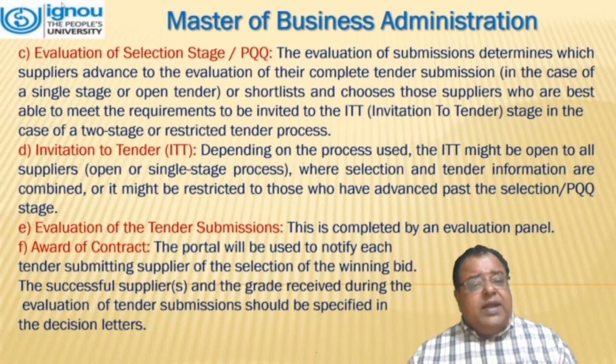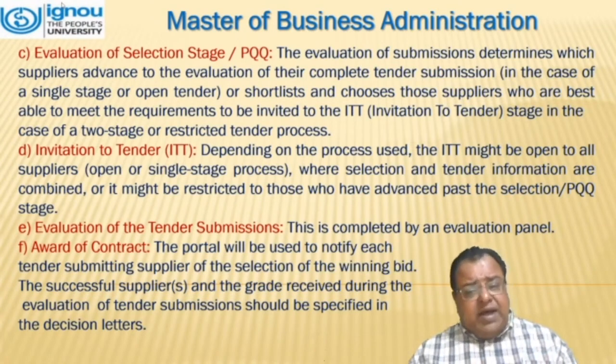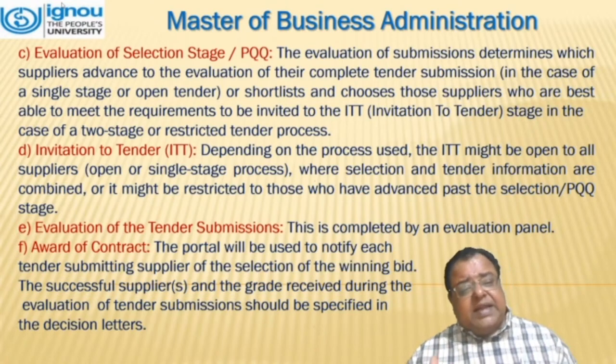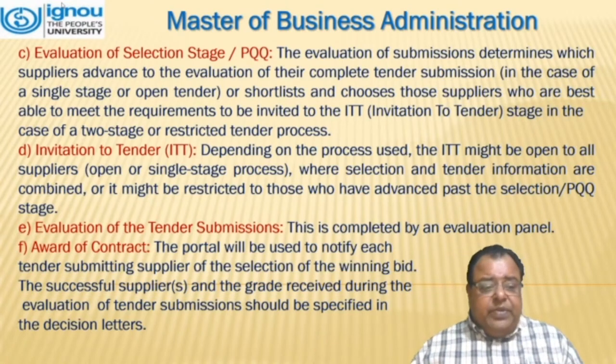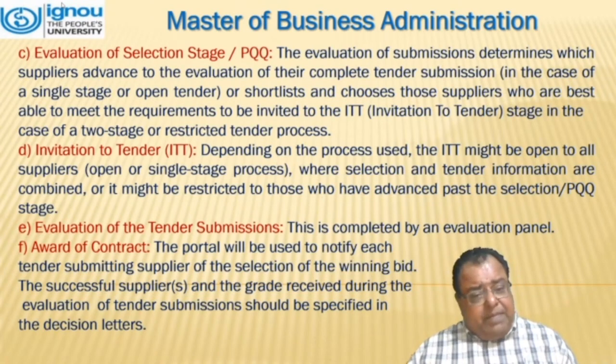Invitation to tender, depending on the process used. The ITT might be open to all suppliers where selection and tender information are combined, or it might be restricted to those who have advanced past the selection PQQ stage. Evaluation of tender submission. This is completed by the evaluation panel.